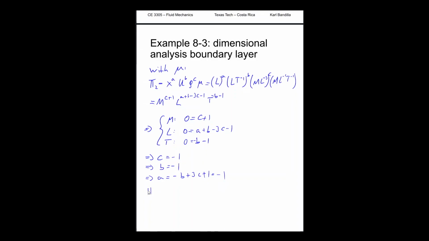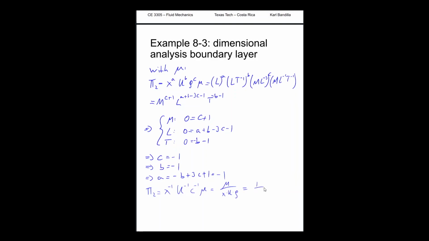So that means pi 2 is then x to the a, which is minus 1, u to the b, which is minus 1 as well, and then rho to the minus 1. All that, of course, times mu. So that means I get mu divided by x times u times rho.